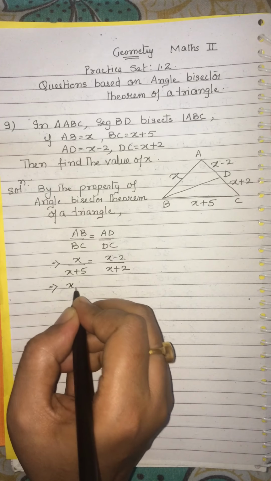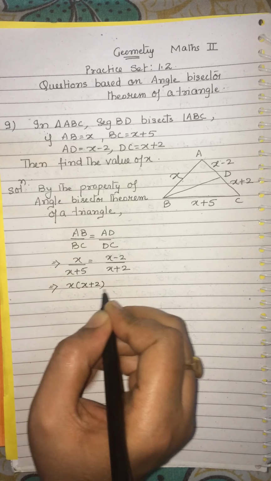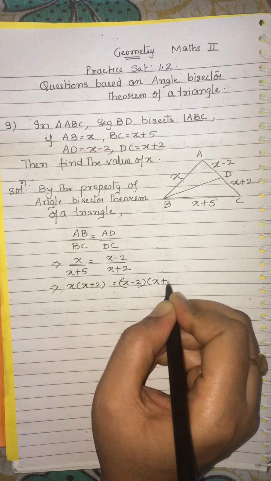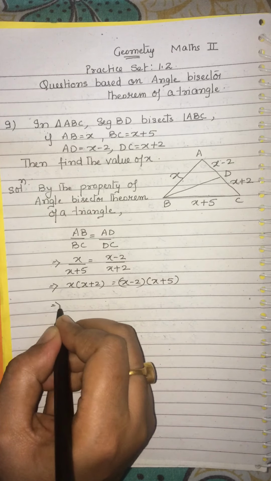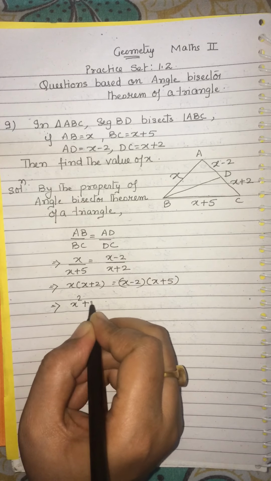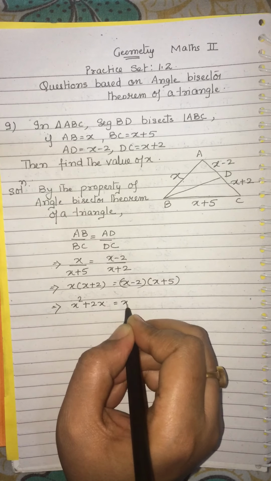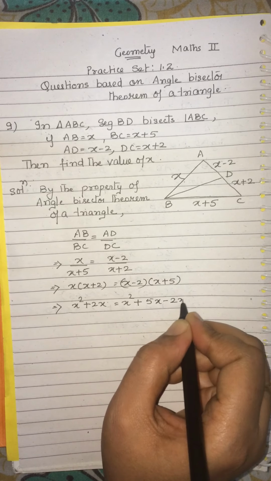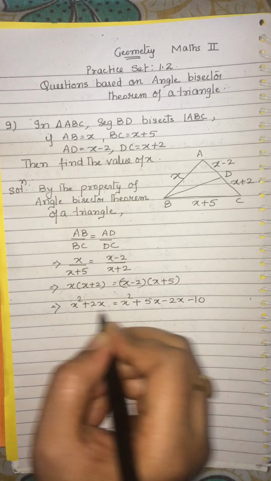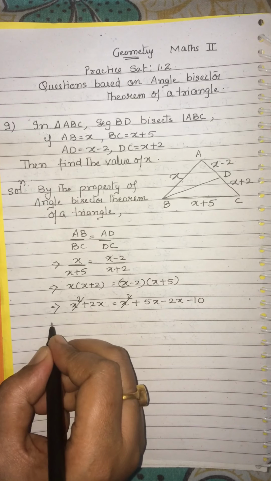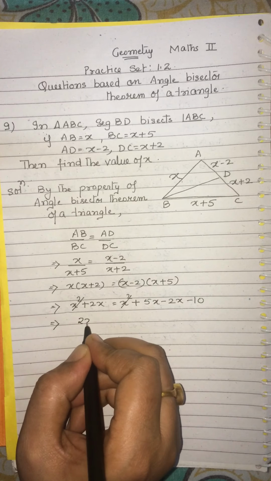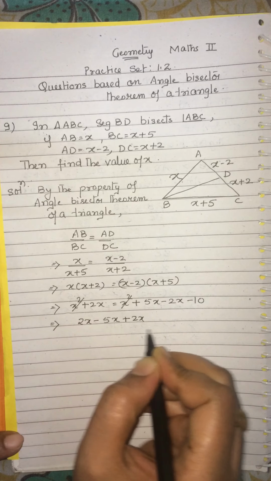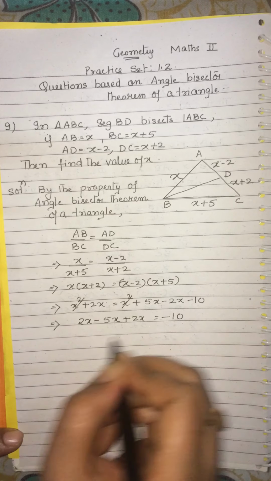Do the cross multiplication, children. See, we get it as, and open the brackets now: x square plus 2x is equal to x square plus 5x minus 2x minus 10. X square gets cancelled, so 2x minus 5x plus 2x is equal to minus 10.